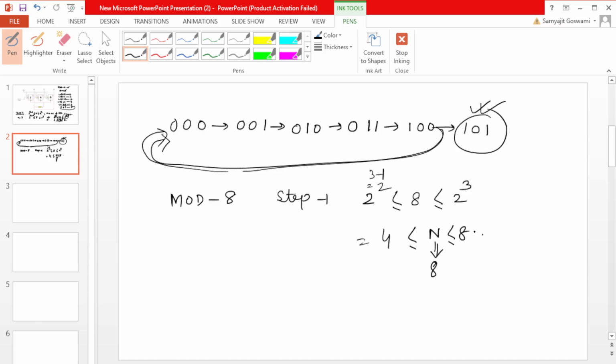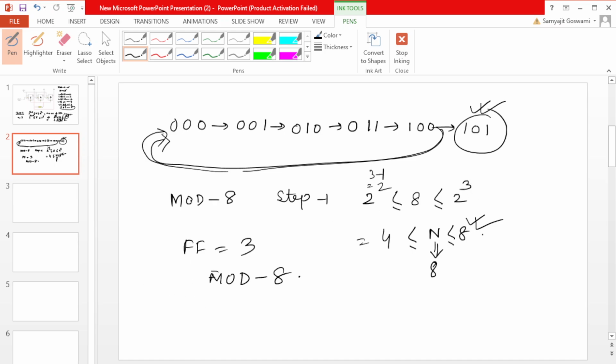If I use 3 flip-flops, we can count up to a mod 8 counter. After that, if I choose mod 9, then we have to increase the number of flip-flops to 4. For mod 16 we have to go up to 2 to the power 4.